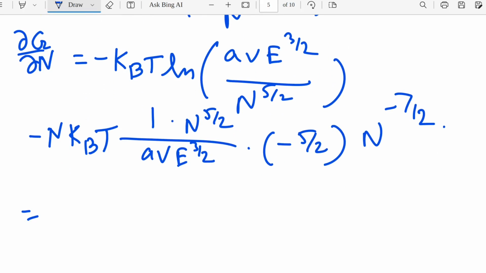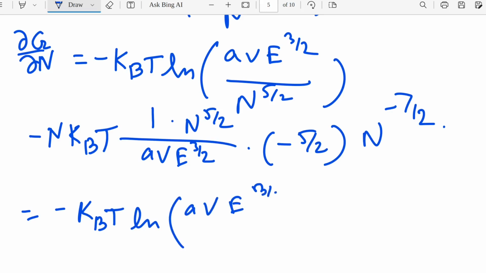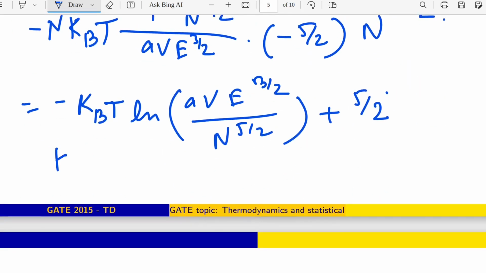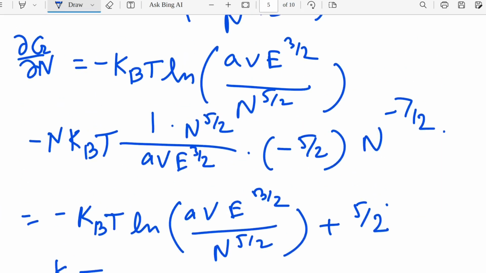Now if I just simplify that one a little bit, then it will be kB T ln[AV E^(3/2) / n^(5/2)]. And now here minus and here minus, it is coming as plus 5/2 kB T. Here ln x gives 1 by x, and as a whole there will be this function as well. That means AV E^(3/2) will be in that expression also.